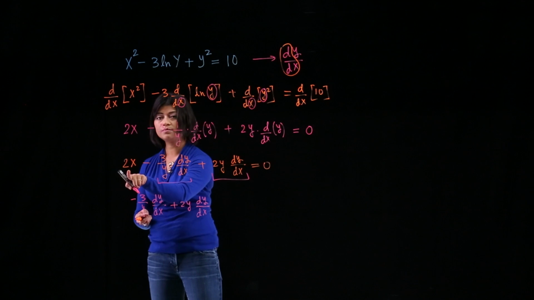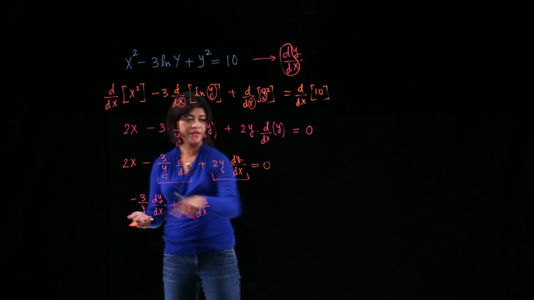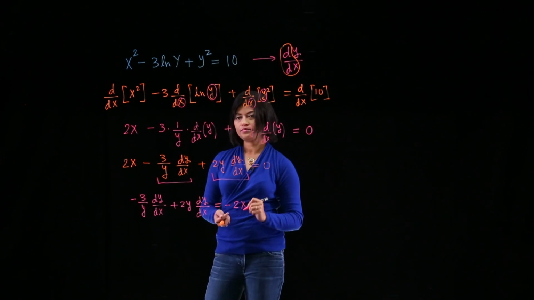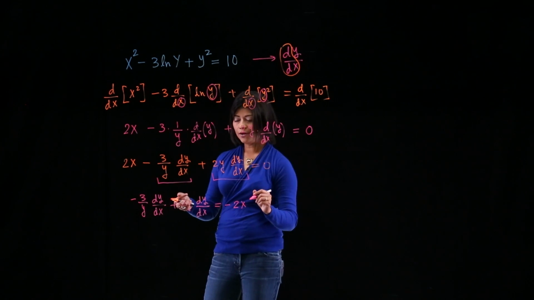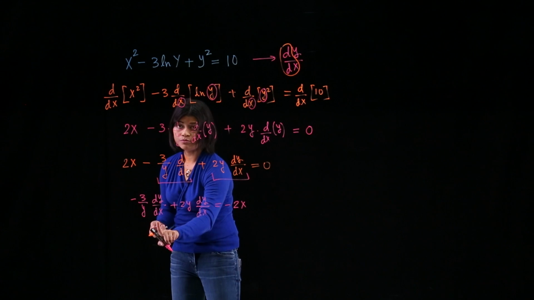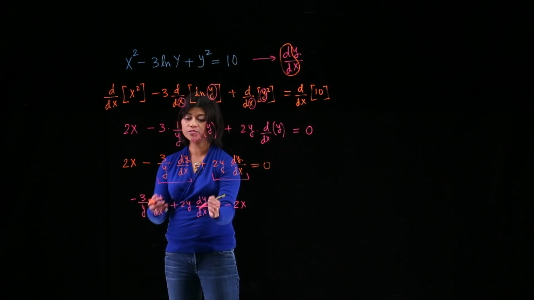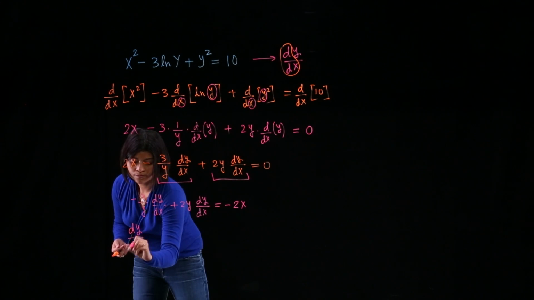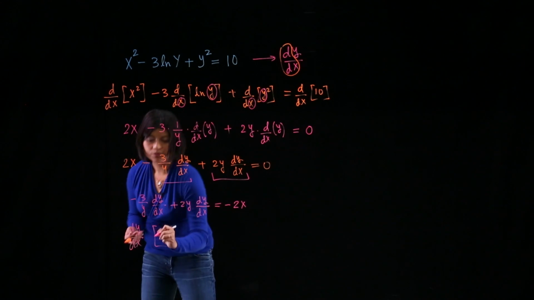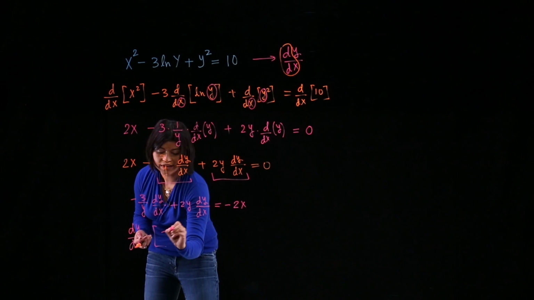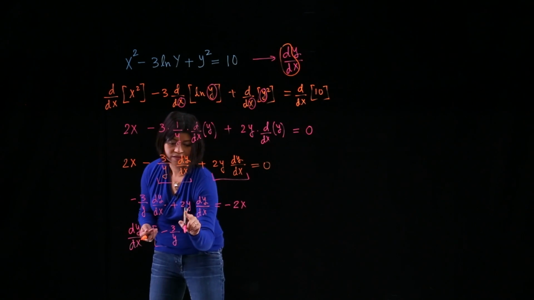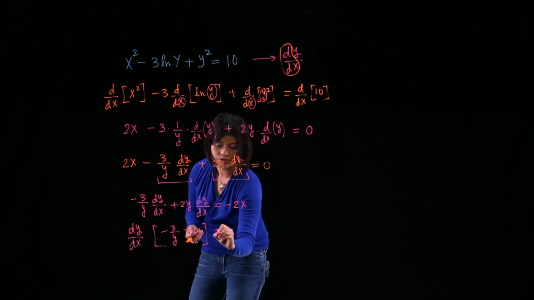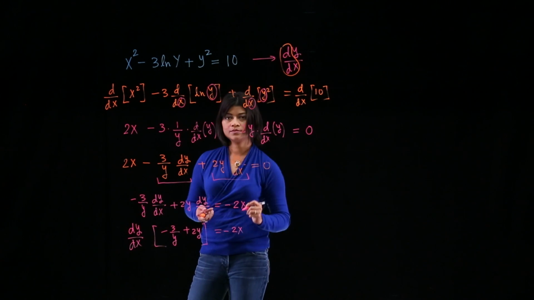And then the first term doesn't have dy/dx, so you can bring it to the right hand side as negative 2x. Now these two terms have a common factor of dy/dx, so we can pull it out. And then from the first term, what is left? Negative 3 over y, second term plus 2y. The whole thing is equal to negative 2x.